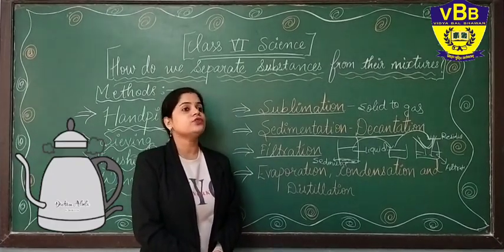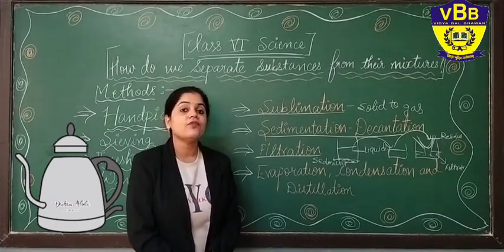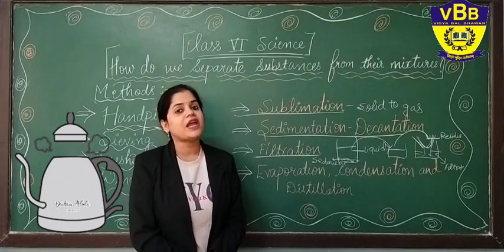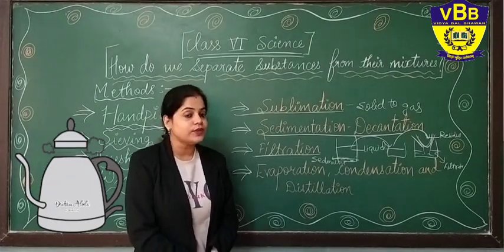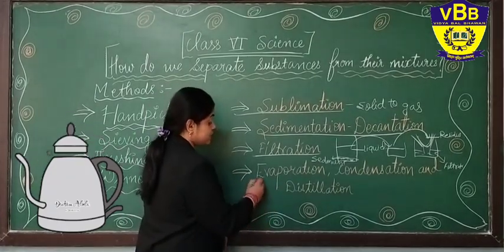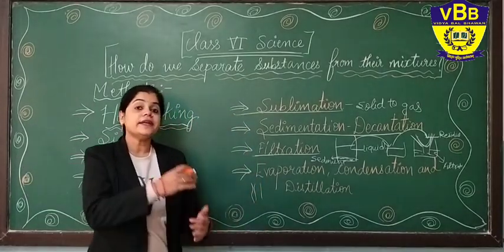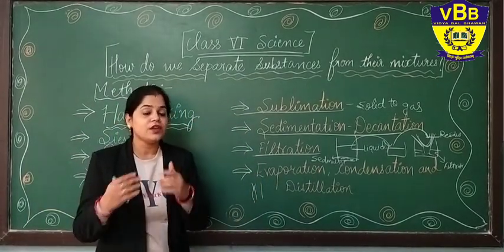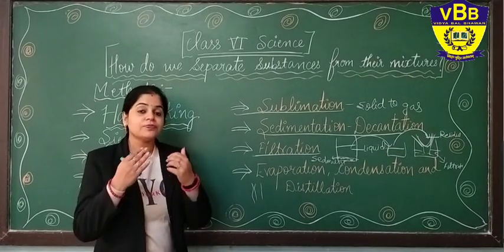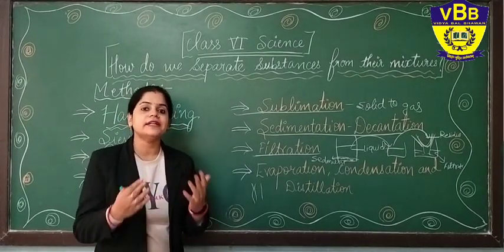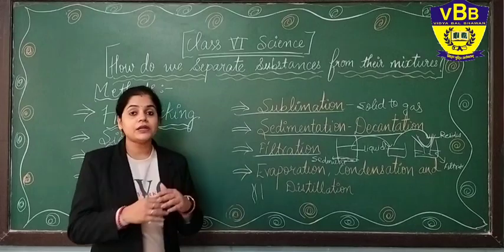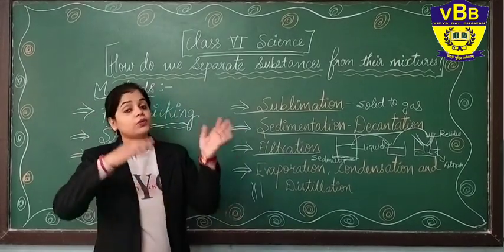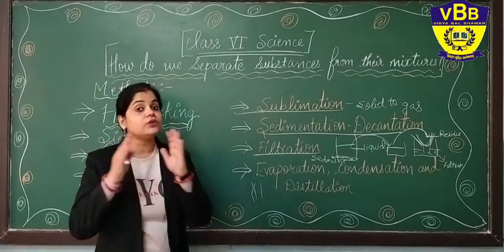Okay, sometimes we do not want to let the water go into the environment. We have to collect that. So what we will do there, by the evaporation process, when the water is evaporated, it is collected in another beaker by the condensation process. What is the condensation process? The process of cooling down the evaporated liquid and converting the gas into liquid again.